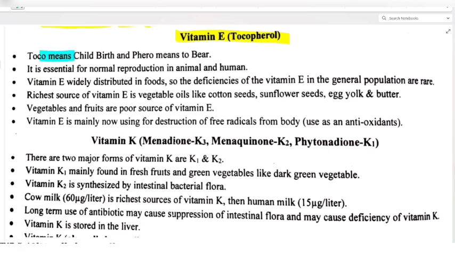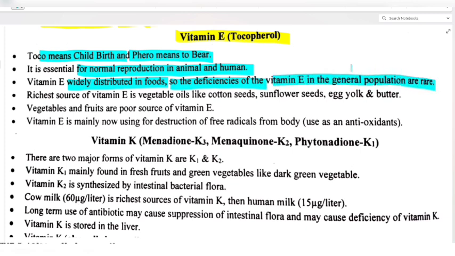So toco means childbirth and phero means to bear. It is essential for normal reproduction in animal and human. Vitamin E is widely distributed in foods, so the deficiency of vitamin E in the general population is rare.